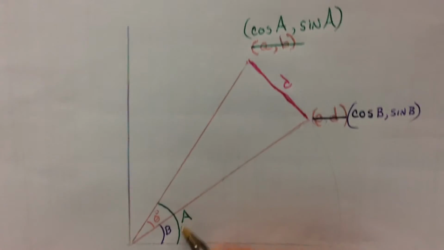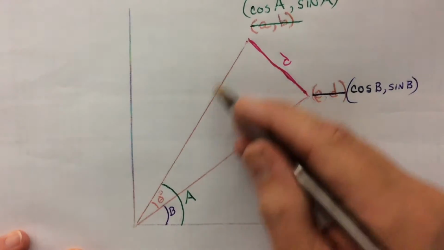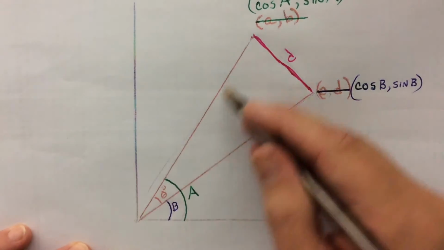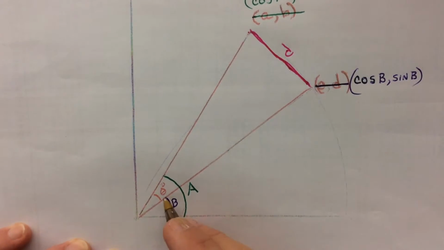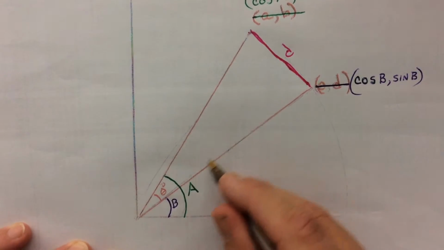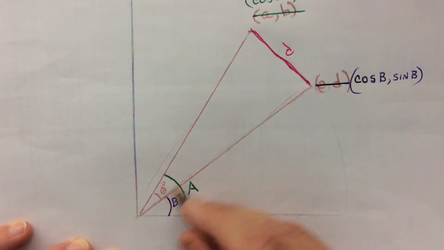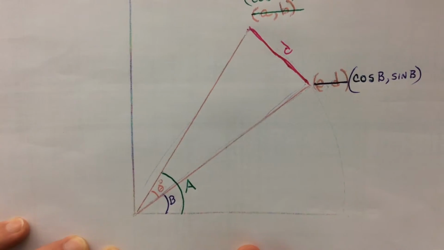If this is angle A, this is the ray of angle A in terminal position. And if this is angle B, this is the ray of angle B in standard position.